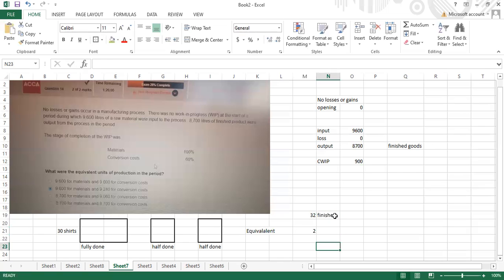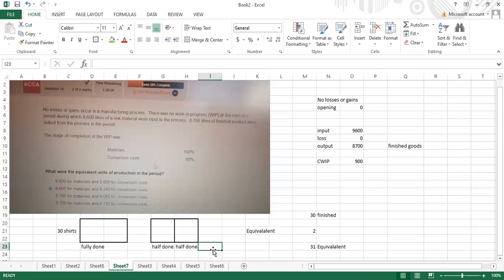But equivalent units, what does it mean? Equivalent units you can say are 31. Why? Because 30 shirts are completed, and one is half done and one is half done. If you combine these two, it means one fully done.